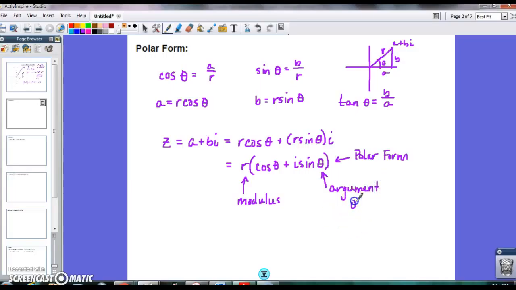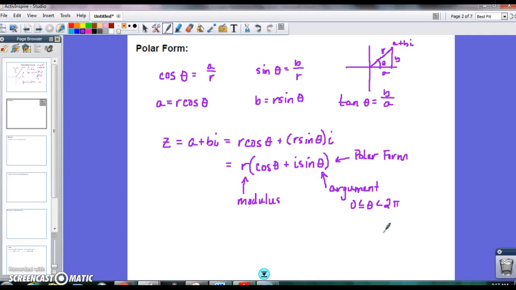Theta is going to be from 0 to 2 pi, but strictly less than 2 pi. It can equal 0, but it won't actually equal 2 pi. So whenever we write our complex numbers in polar form, that theta will never be greater than 2 pi. It's always going to be less than 2 pi.